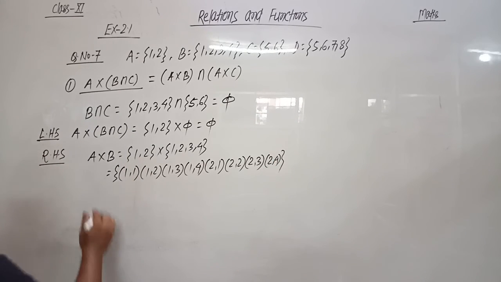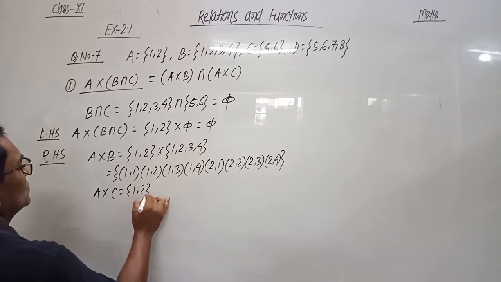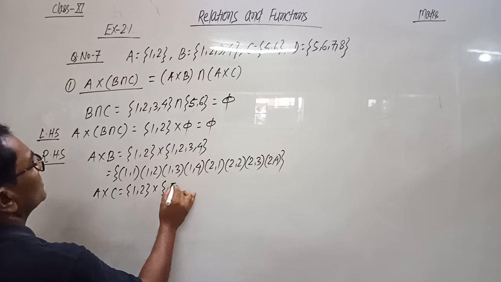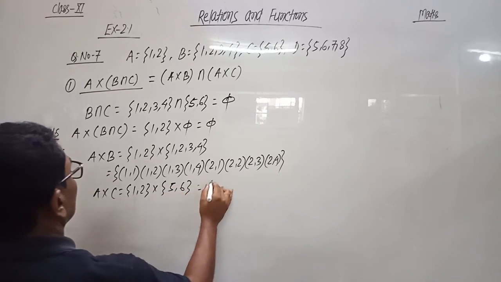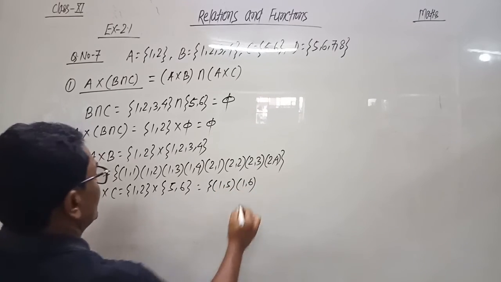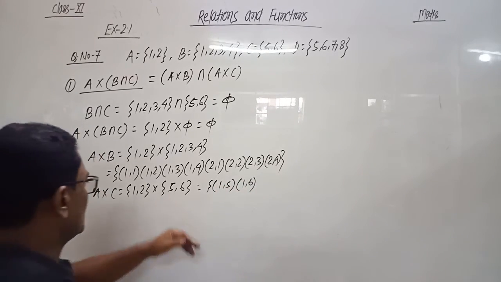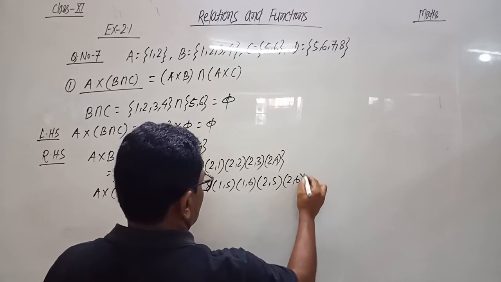Then we find A cross C. So 1, 2 cross 5, 6 gives 1 comma 5, 1 comma 6, then 2 comma 5 and 2 comma 6.